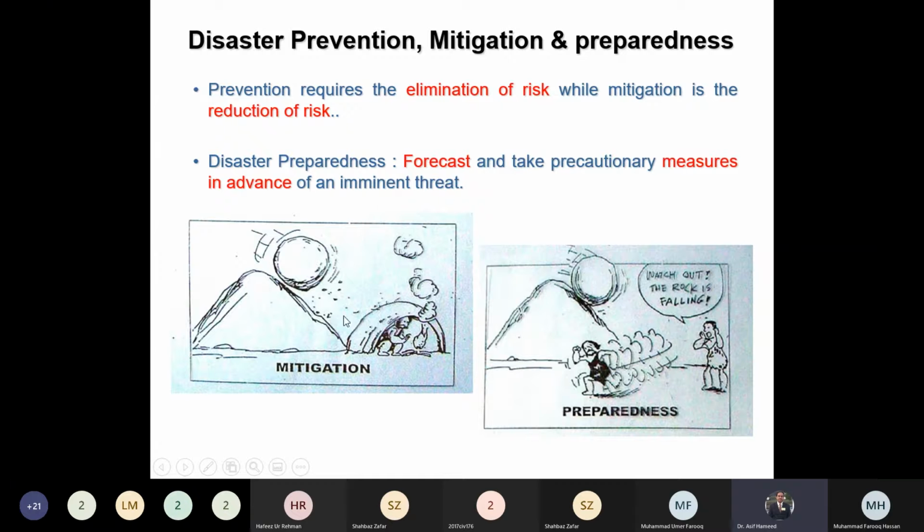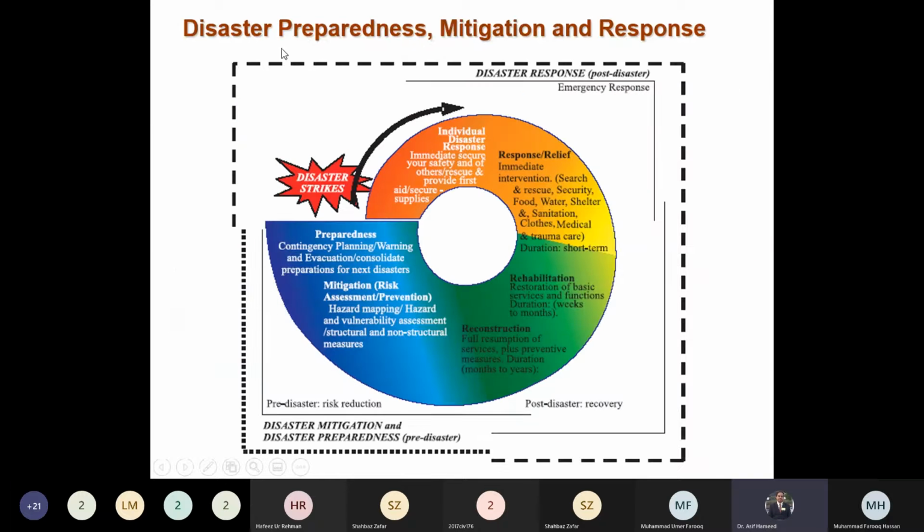And whenever there is a disaster, we have to be prepared for a similar disaster in future. And we have to take some precautionary measures. And this is the procedure for disaster preparedness. If there is some disaster, what is the immediate response? You have to secure yourself and the others.